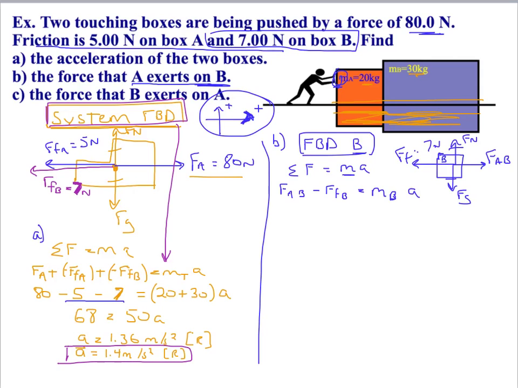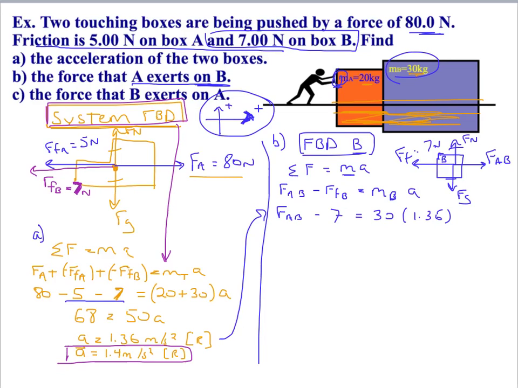I don't know the force of A on B, so I'm just going to leave that as A on B. I do know friction, that was 7 newtons. Mass B is 30 kilograms, from up here. And acceleration is whatever we had back in part A. So this acceleration is going to come up in here. I'm going to use my unrounded value, 1.36.